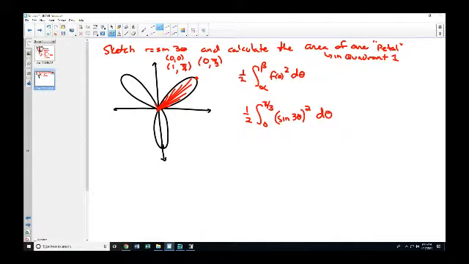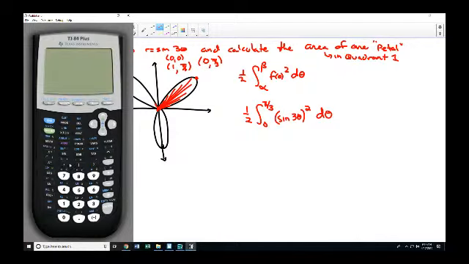Okay, you want to know a really slick way to figure that out? Turn your calculator to rectangular mode, or function mode. Y equals sine 3x. Where did it intersect the x-axis?